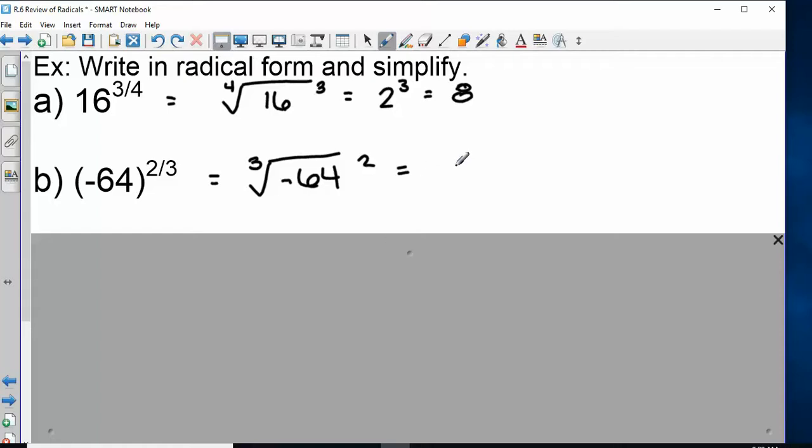If you don't know, how can you find it out? Okay, use your Chromebook if you need to, pull up that calculator. If you do the cube root, it should be negative 4. Yeah.